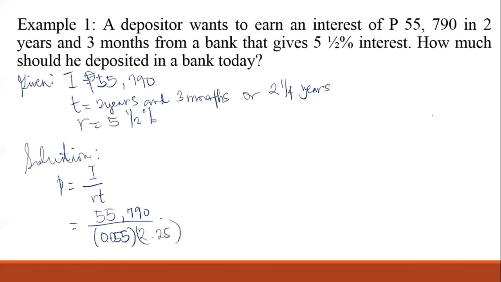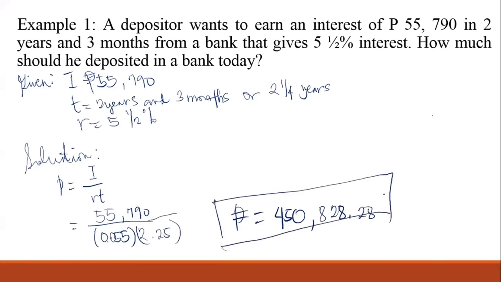Okay, ano yung 2.25? Yan, yung term natin na 2 and 1/4 years. So, that is equivalent to 2.25 years. And so, our principal is equal to 450,828 pesos and 28 centavos. Okay? So, yan yung dapat na i-deposit ng depositor doon sa bangko ngayon.